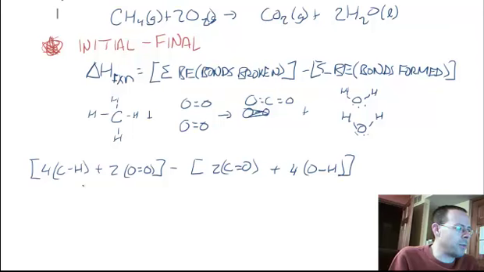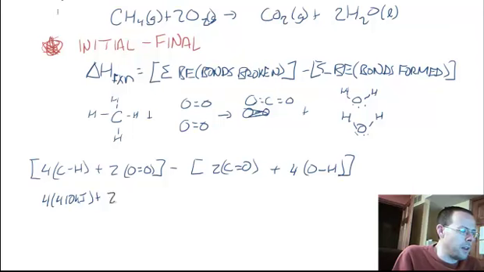All right, and now if we look on our table, we're going to find that C-H bonds are 410 kilojoules of energy to make. And our O=O bonds are 499 kilojoules to make.